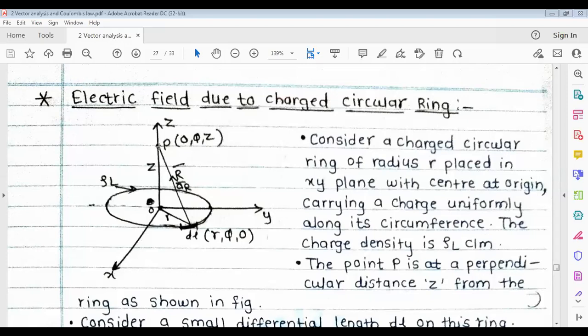Now we are finding this electric field intensity at point P. Therefore, just connect this point P to the dl point. What is the equation for E bar, the general equation for electric field intensity?